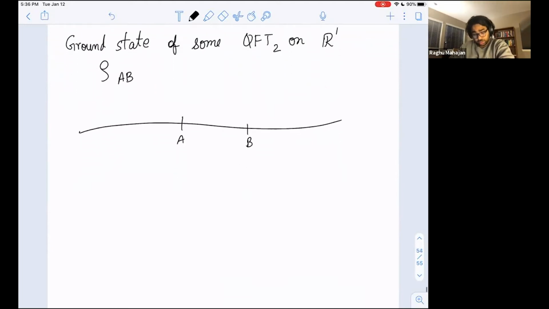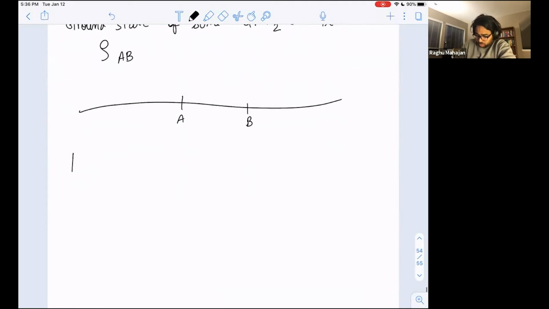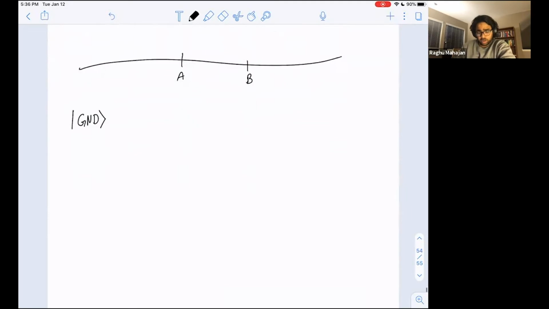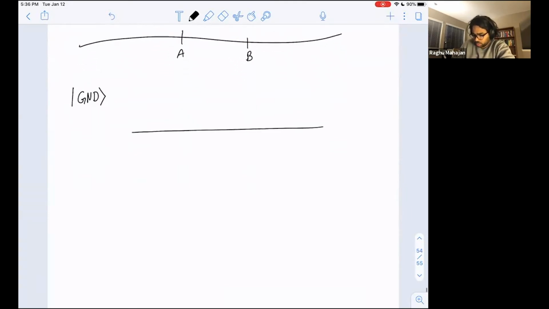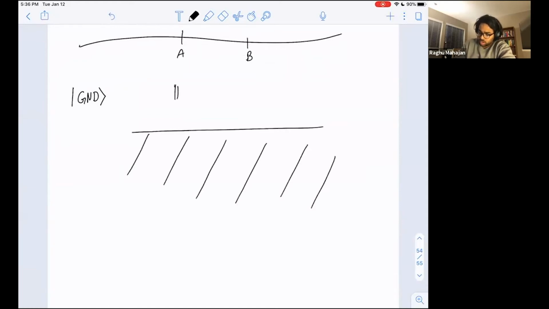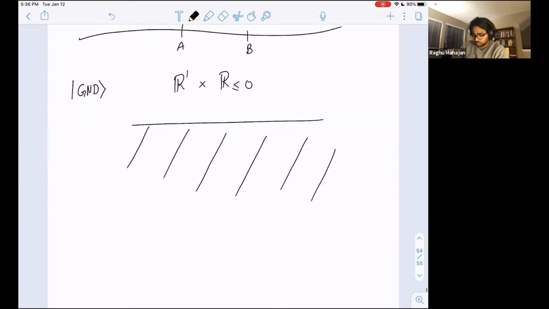So how do we first prepare the global ground state? The ground state is prepared by doing Euclidean time evolution over the past infinite line. If we do a path integral over R^1 times R negative, we prepare the ground state.